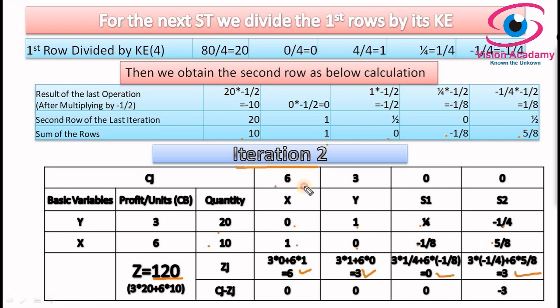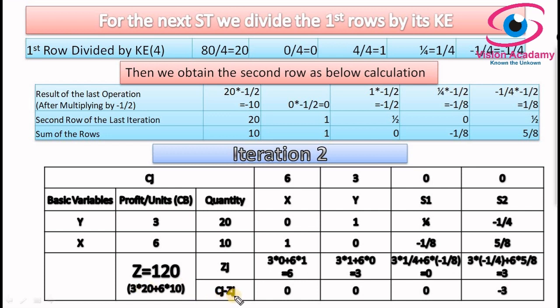So after finding Zj, you will derive Cj minus Zj. Here we have the Cj values, and here we have found the Zj values. So 6 minus 6, 0. 3 minus 3, 0. 0 minus 0, 0. 0 minus 3, minus 3. Now we can check the optimality condition in this second iteration.